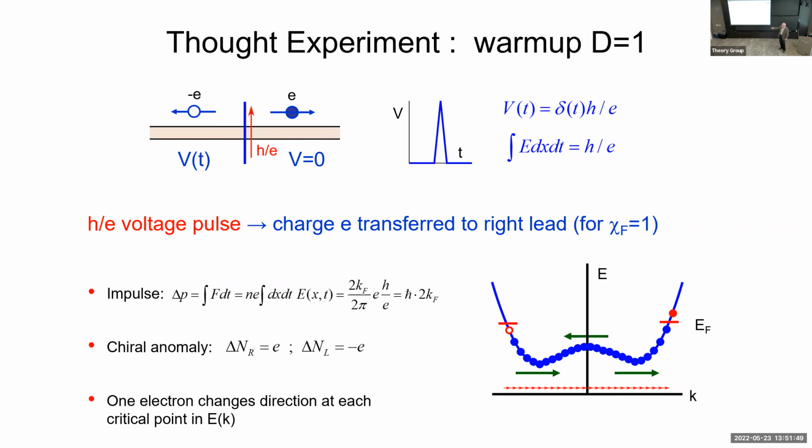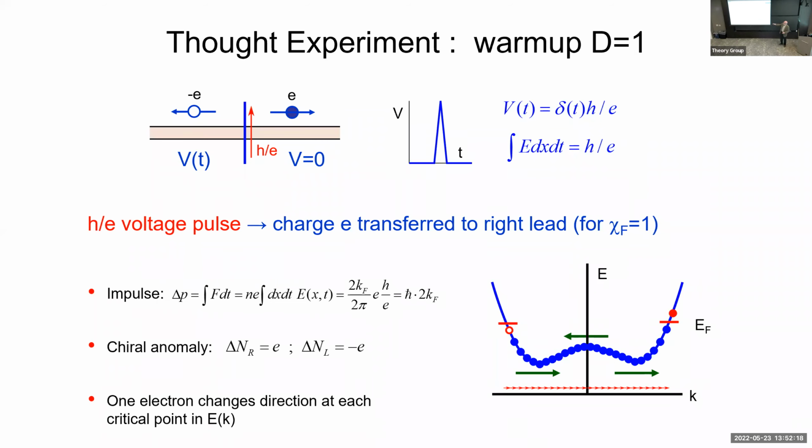Okay, and so it's not too hard to see that this impulse is going to be precisely equal to 2kF, where kF is the momentum spanning the Fermi surface. And so the effect of this impulse is to transfer one electron from one side of the Fermi surface to the other.